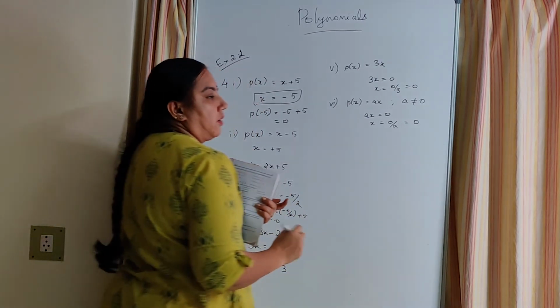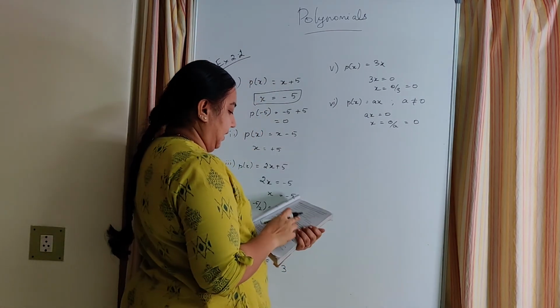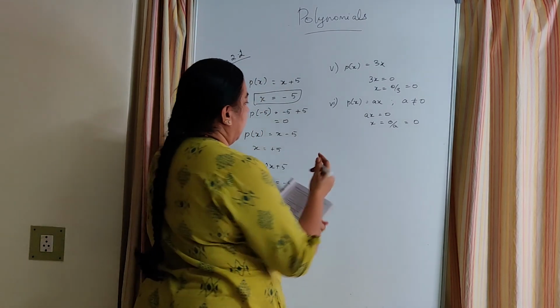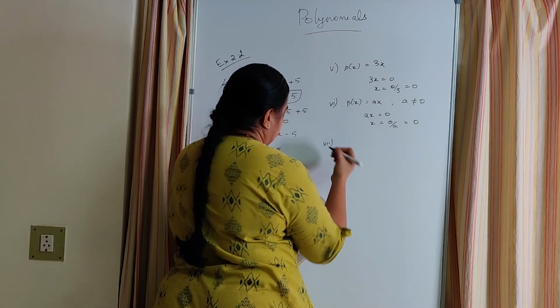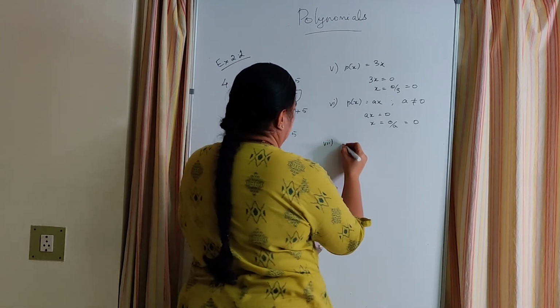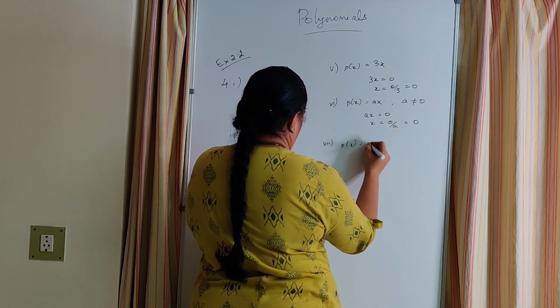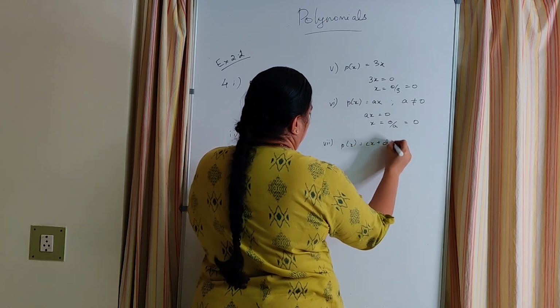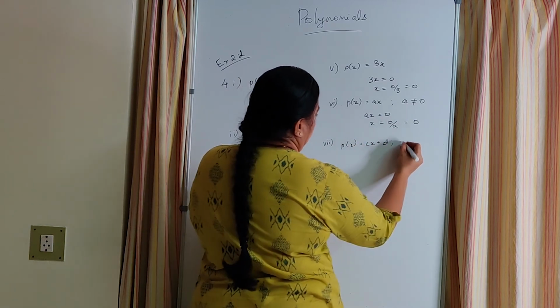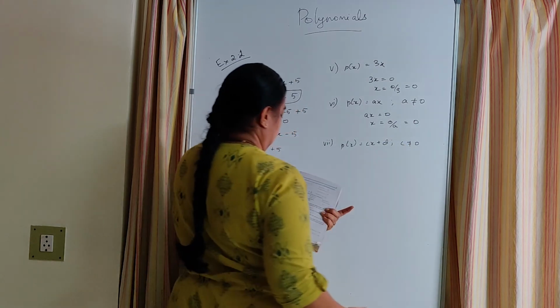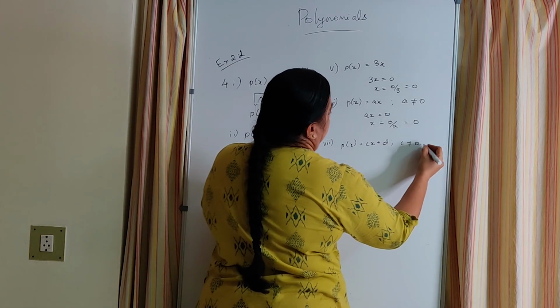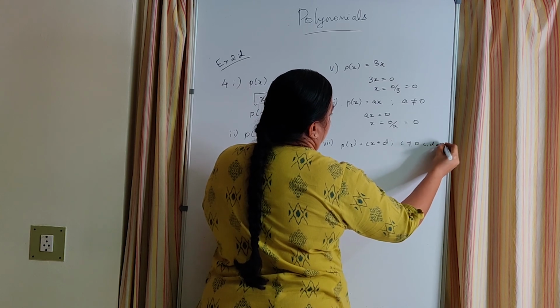That's all. Then the last sum, seventh sum, p of x is equal to cx plus d, and the condition they give is c should not be equal to 0 and c and d are real numbers.